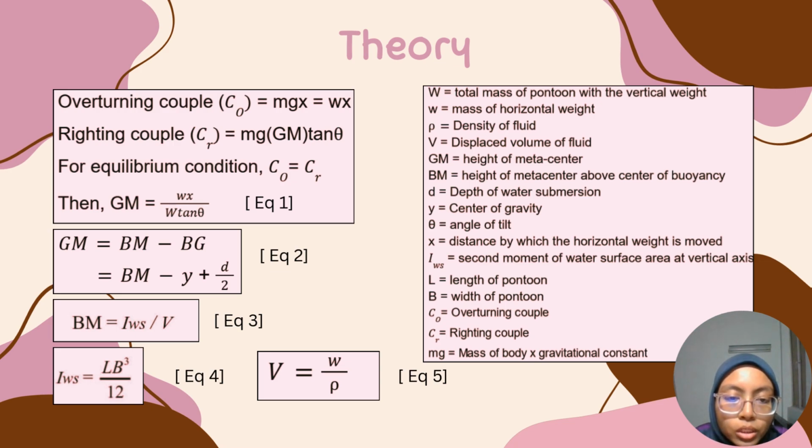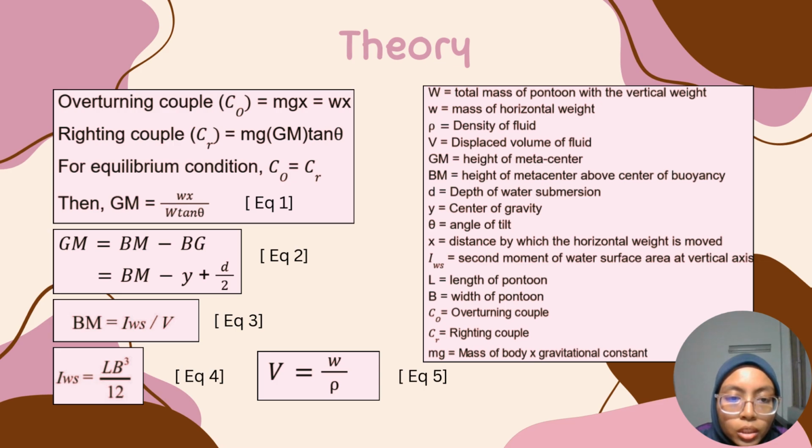And then for equation 3, it will correlate with equation 2 as well. As we know, BM, which is the distance between the center of buoyancy and also the metacenter, is equal to IWS, the second moment of water surface area at the vertical axis, divided by the volume of the water displaced.